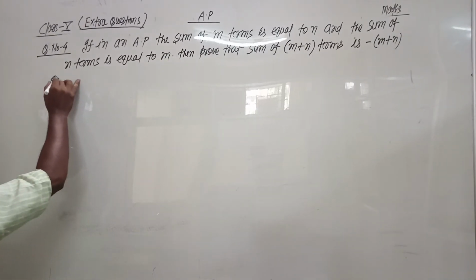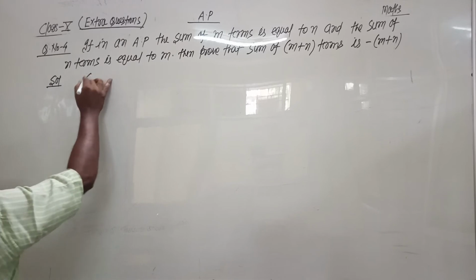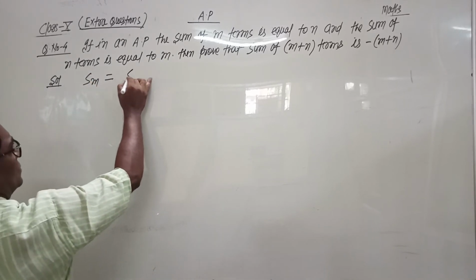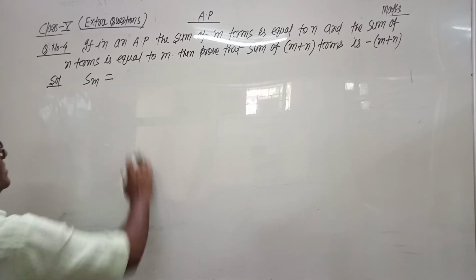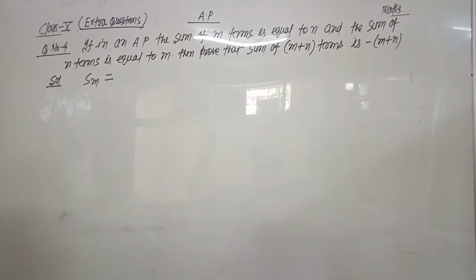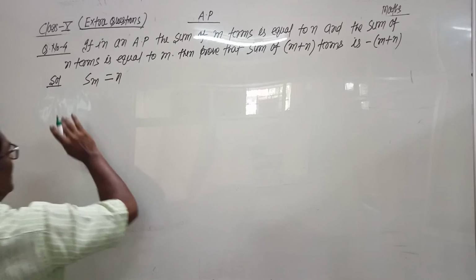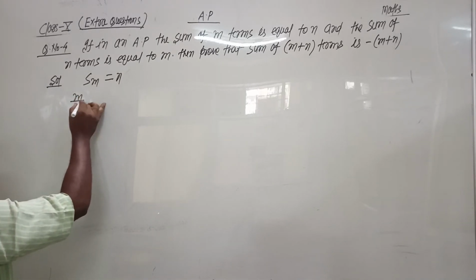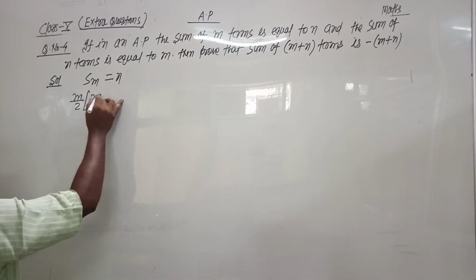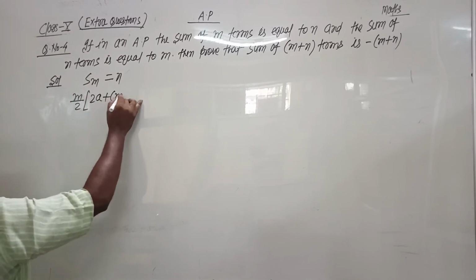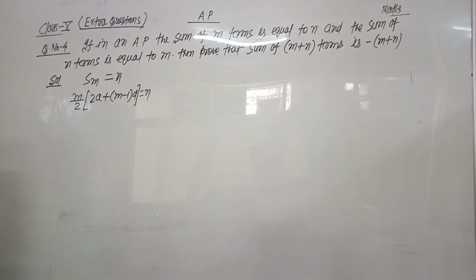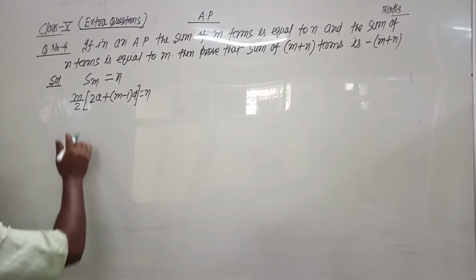So we have given that the sum of m terms, Sm, is equal to n, and the sum of m terms means m by 2 times (2a plus (m minus 1)d) equals n. Do cross multiplication.